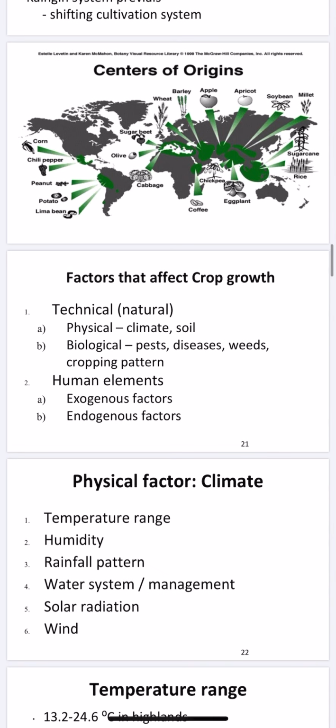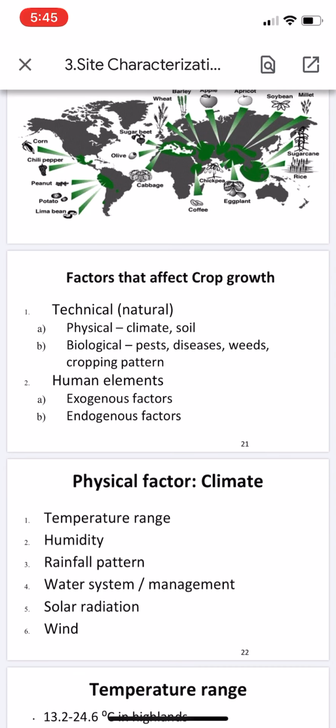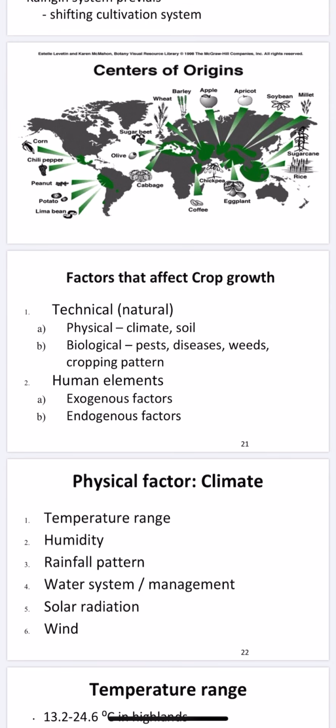So let's talk about the centers of origin of the different crop productions. As you can see on the figure here, we have barley, apple, apricot, soybean, millet, wheat, sugar beet, eggplant, olive, cabbage, coffee, chickpea, sugarcane, and rice.